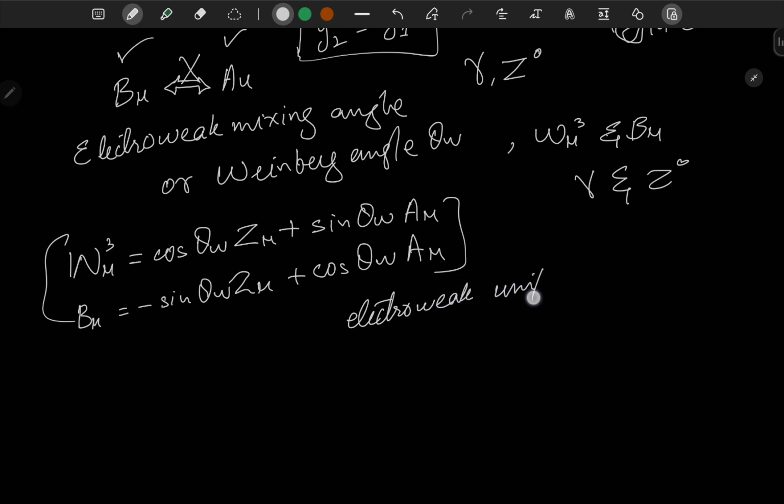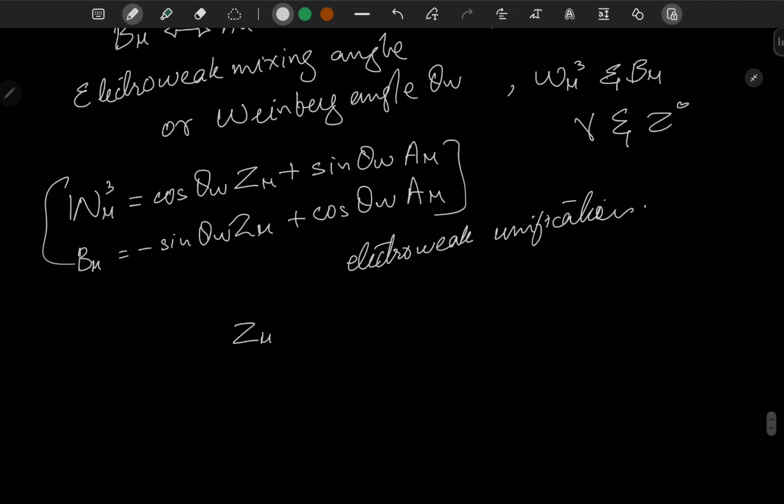Here Z mu and A mu represent the physical fields Z0 and gamma.